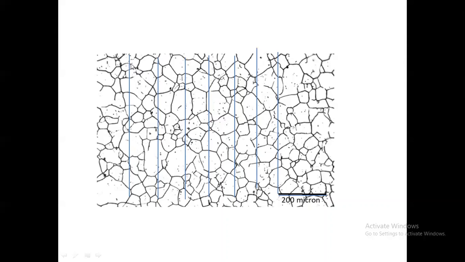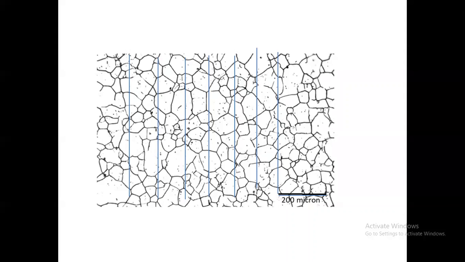An intercept is nothing but the transition from one grain to the other. We're not going to consider where a line starts or ends in between a grain. We are only concerned in this method with the intercepts made with the grain boundaries.